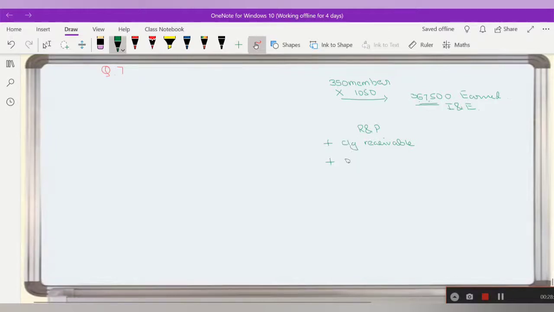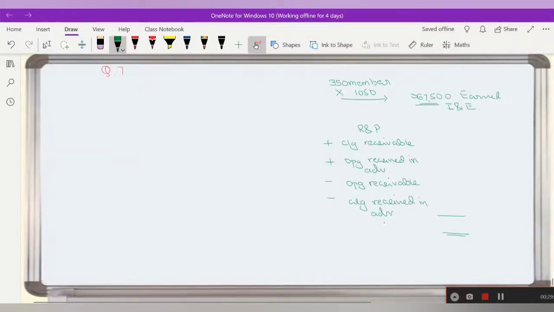Then opening received in advance, minus what? Opening receivable which was relating to last year, minus closing received in advance which is relating to next year. Then we used to get what?